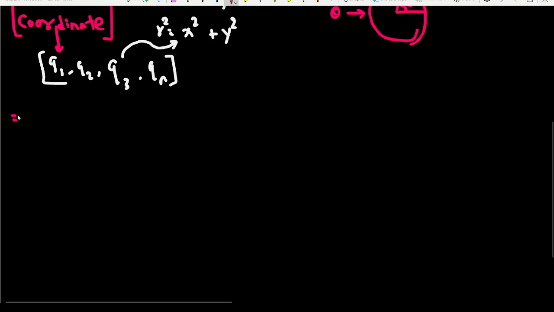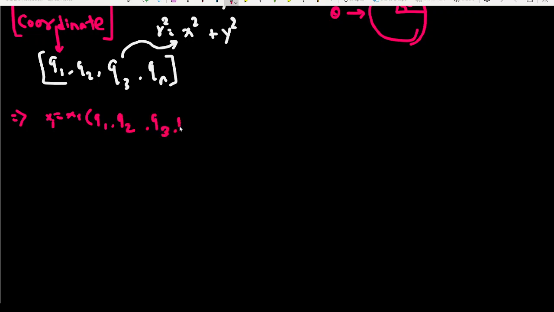The representation is very important: xi is equal to xi of q1, q2, q3 till qn. So r is a function of our generalized coordinates, and this is the representation of our Cartesian coordinate in x.